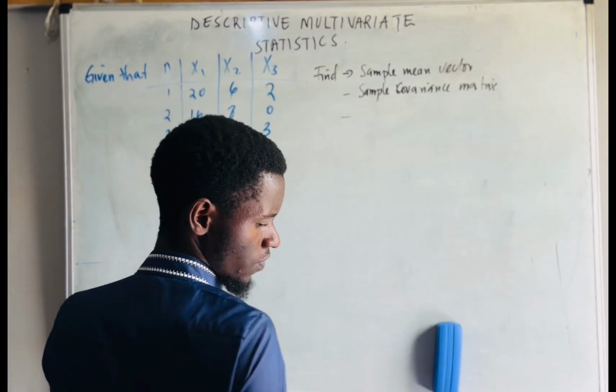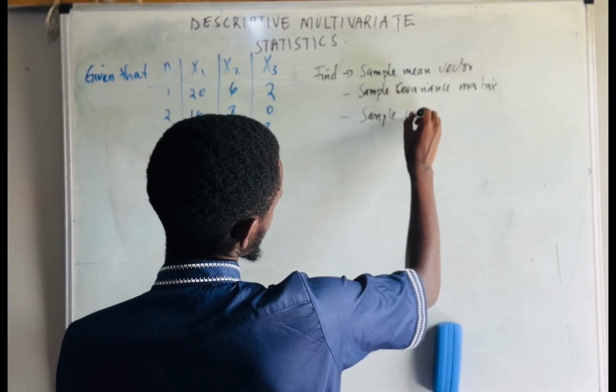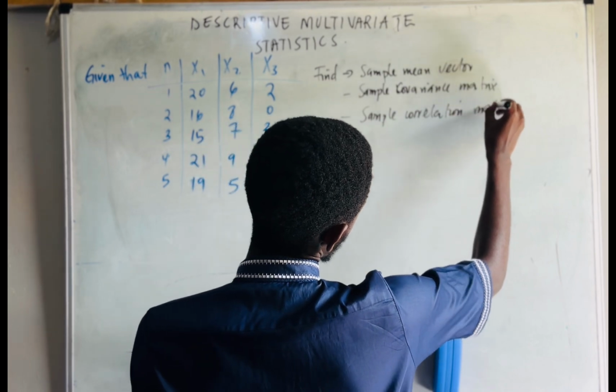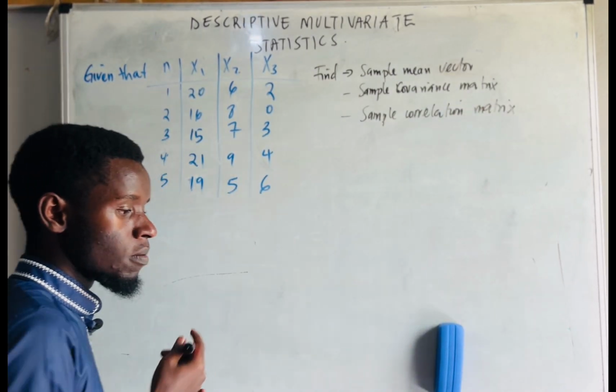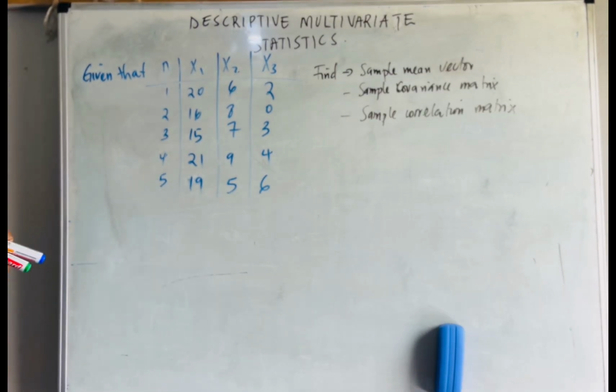And then lastly, the sample correlation matrix. Members, let us begin by finding the sample mean vector.